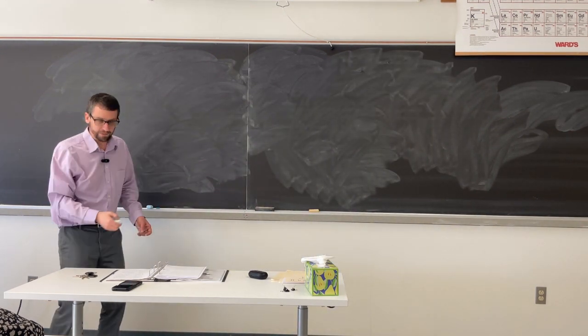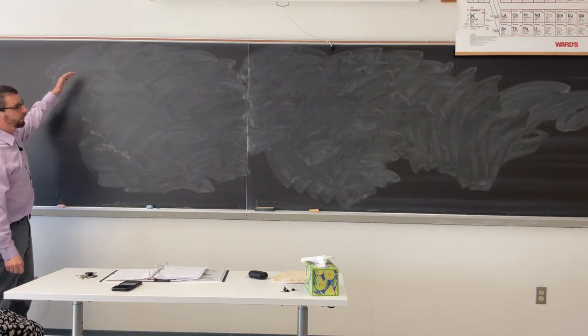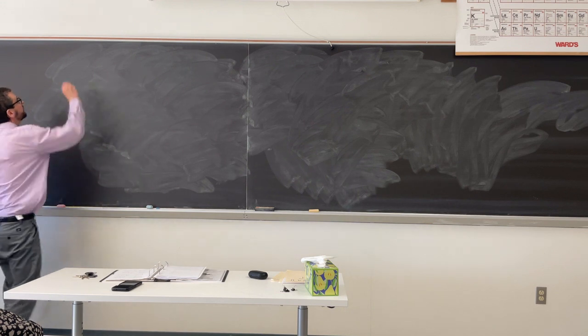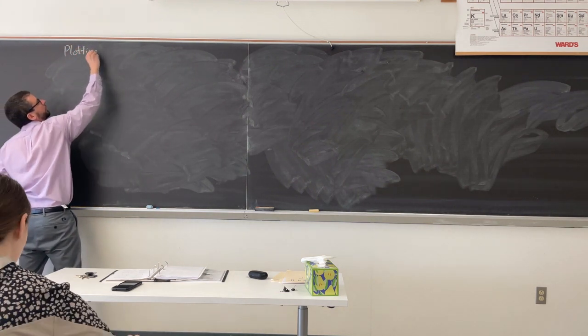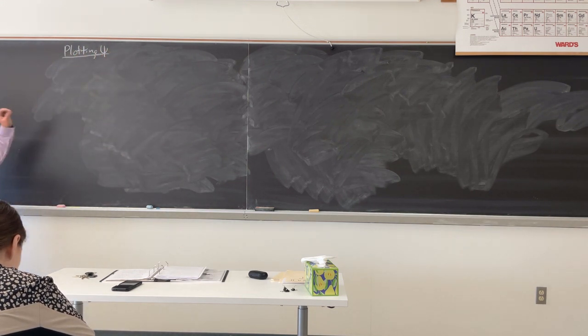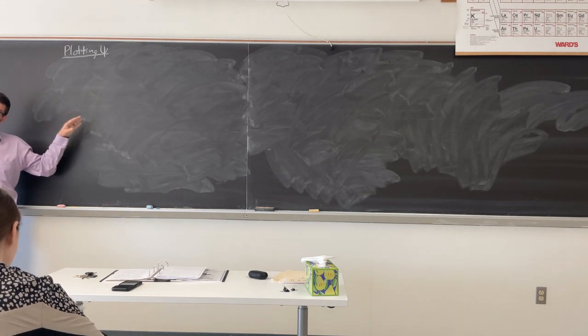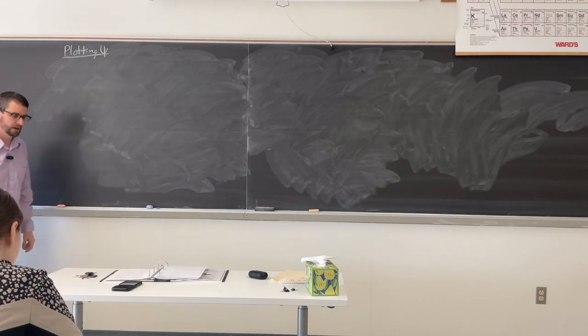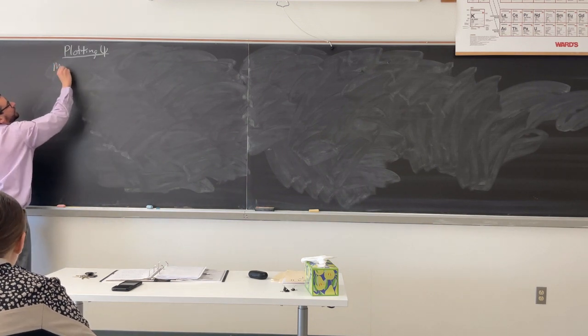I'm going to try my best, and hopefully the colors are different enough. What we're going to do is plot the wave function. My favorite animation has gone offline, so I'll try to find a new one so you can visualize this. It came off of a physics website in the past.